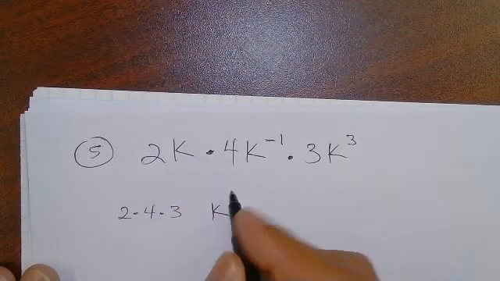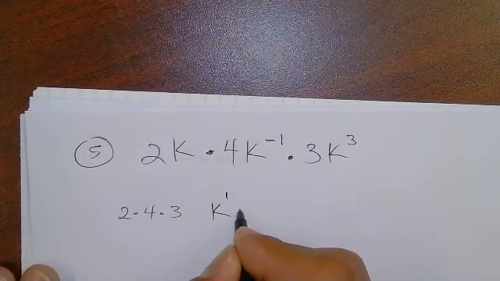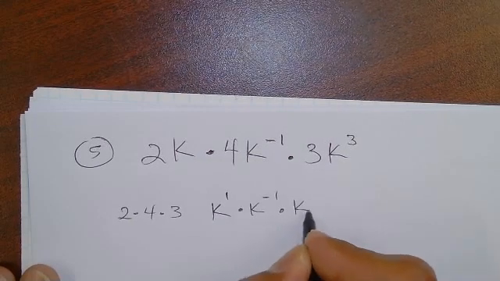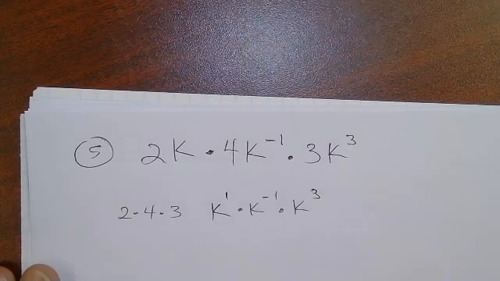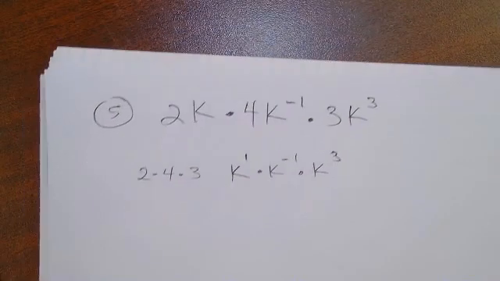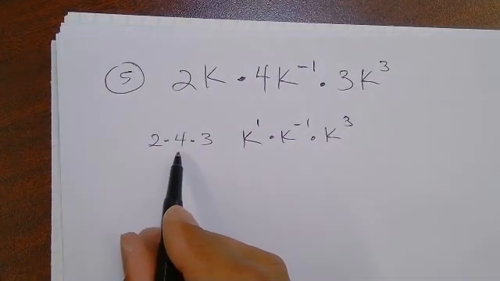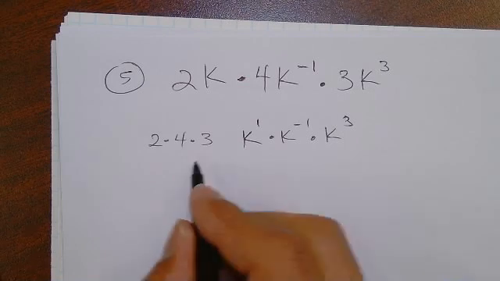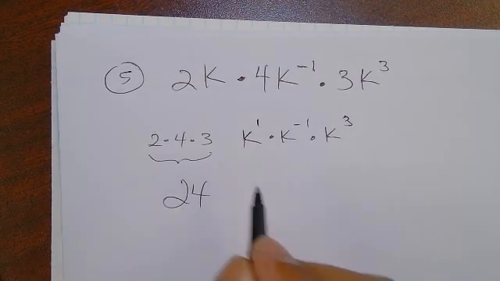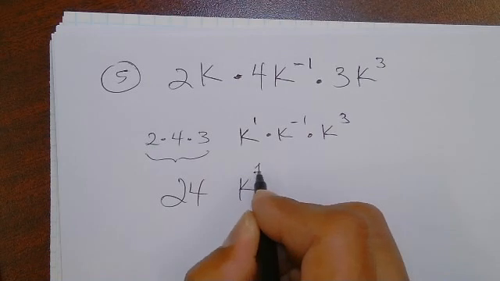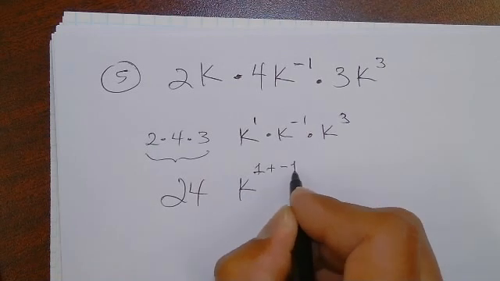Well, 2 has to multiply to 4, has to multiply to 3, right? The big whole numbers, these coefficients, are going to multiply. And then it's k, but what number's on that k? k to the 1 times k to the negative 1 times k cubed. What do you guys think? 24? 2 times 4 is 8. 24. Good.